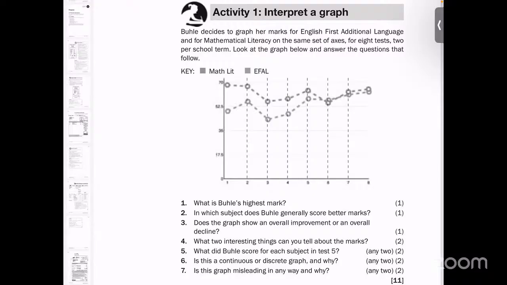Okay, so look at the graph below and answer the questions that follow. You are given a key there for Maths Lit and English first additional language. Maybe let's take a moment and have a look at that graph.